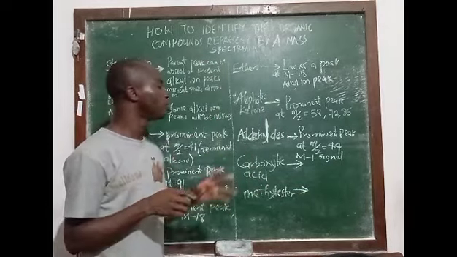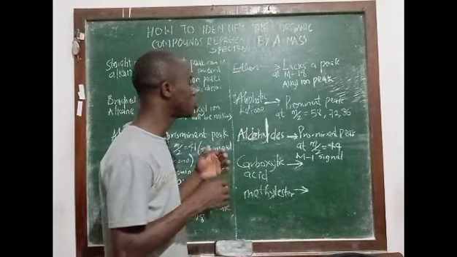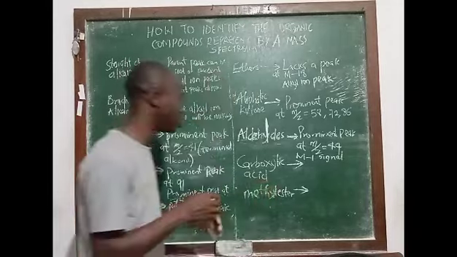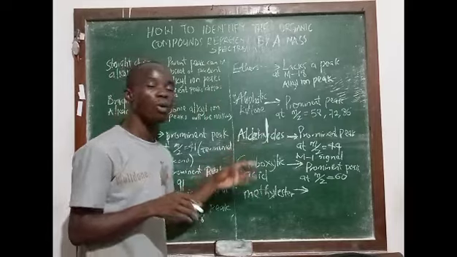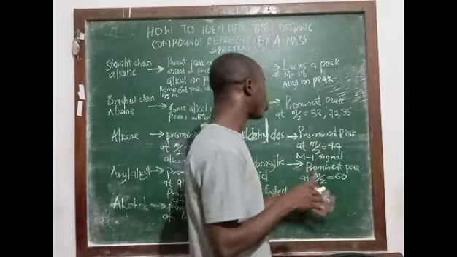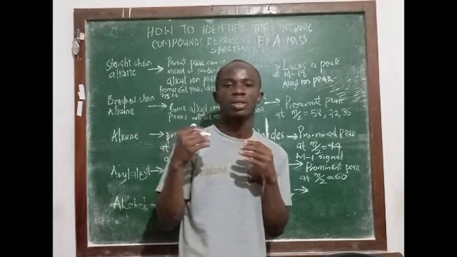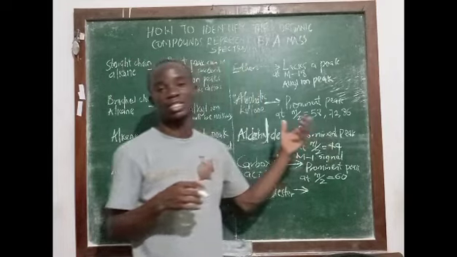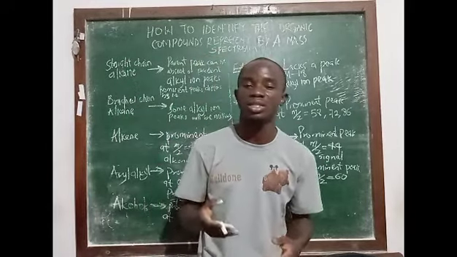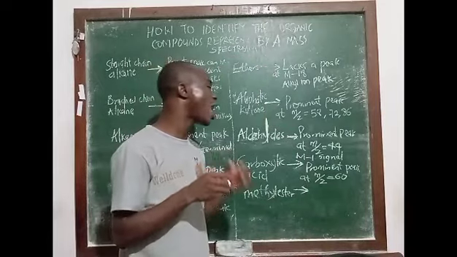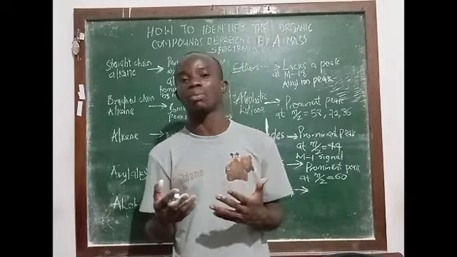For carboxylic acid, when carboxylic acid undergoes this McLafferty rearrangement, it always produces a peak at 60. So this peak at 60 is particularly for carboxylic acid. Apart from this peak at 60 due to McLafferty rearrangement, a mass spectrum of carboxylic acid will also contain a peak at M-17, and I'll explain what that implies.